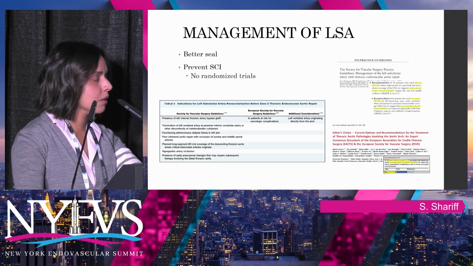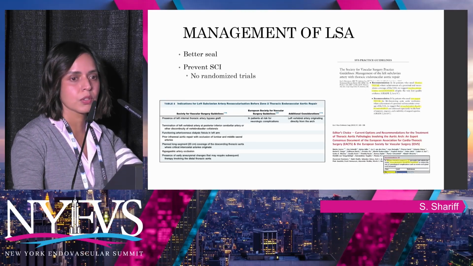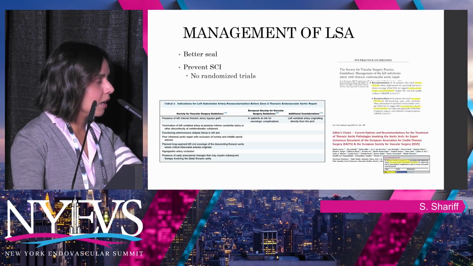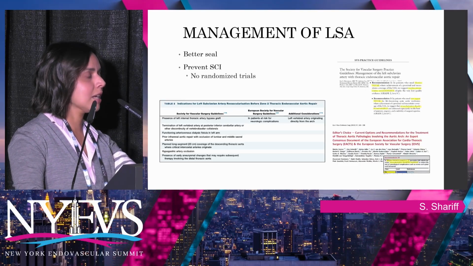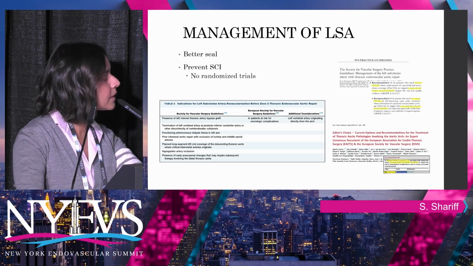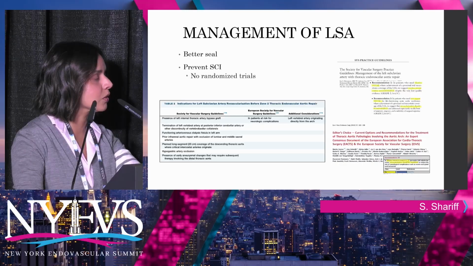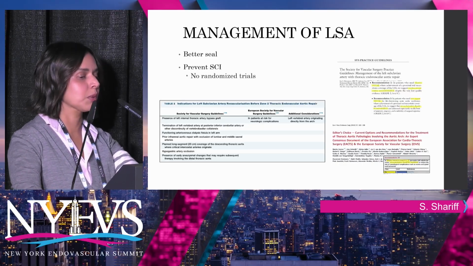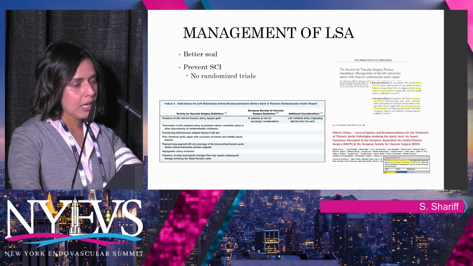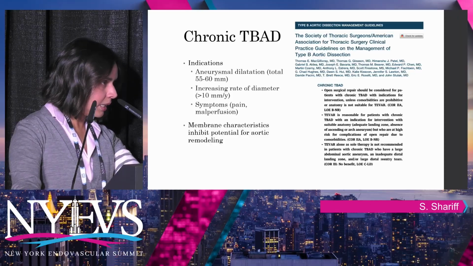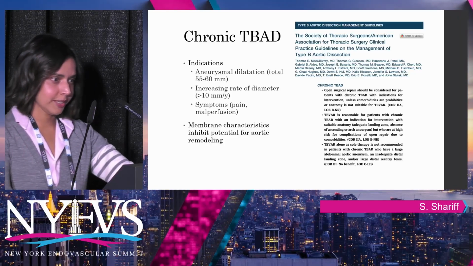This reduces the incidence of spinal cord ischemia and/or stroke. There isn't any class 1 data or randomized trials for this, but there is enough evidence to suggest that you revascularize the left subclavian when necessary. And again, with the TBE, that becomes much easier.